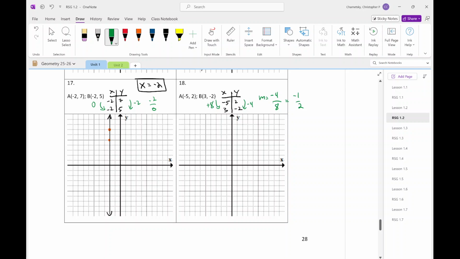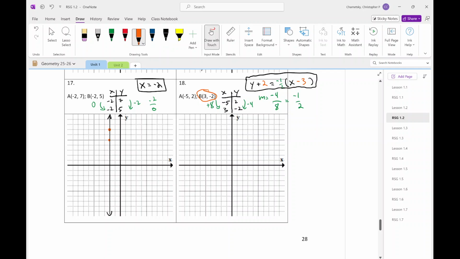Okay, pick a point, let's do B this time. So y, actually it's going to be y plus 2 equal to negative 1/2 x minus 3. And there's our equation. Let's go ahead and graph that.